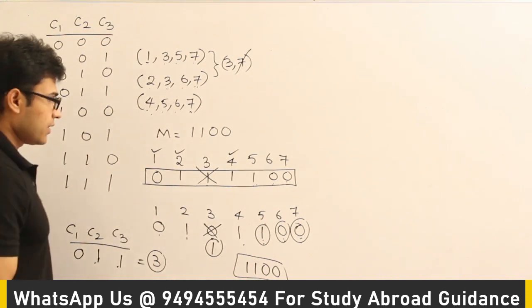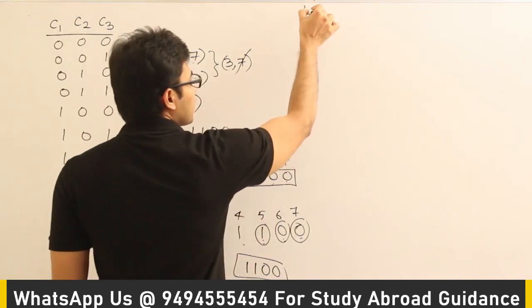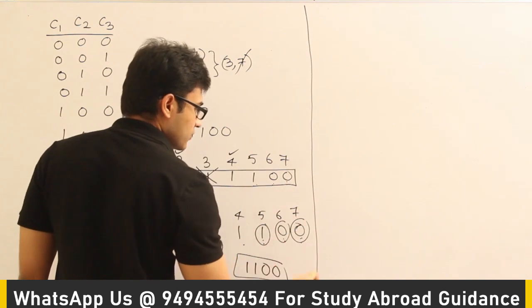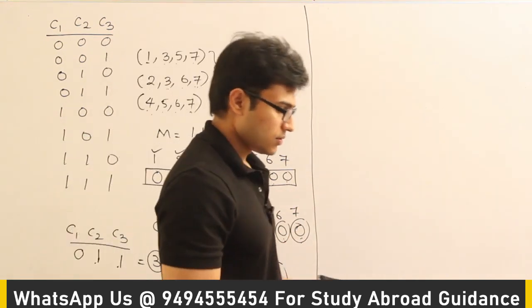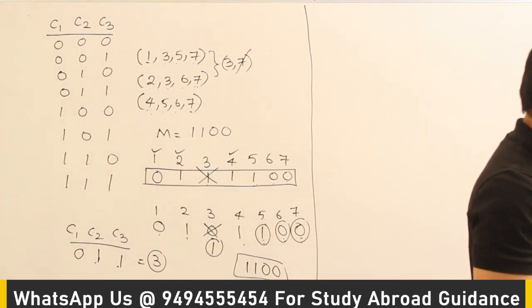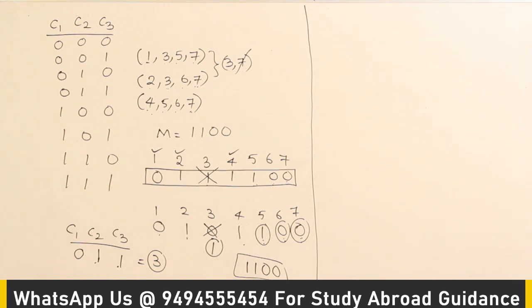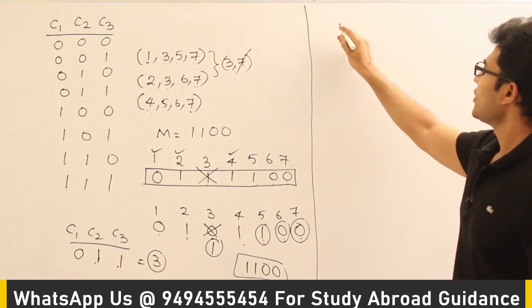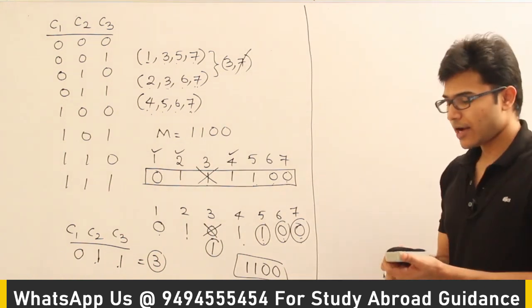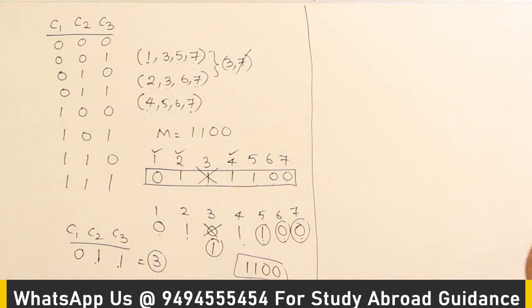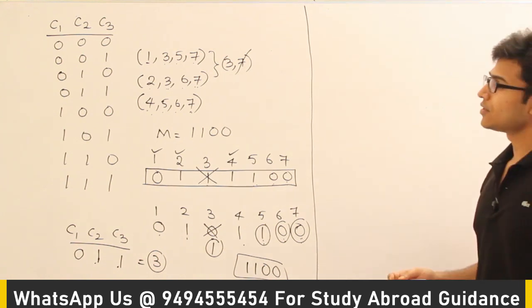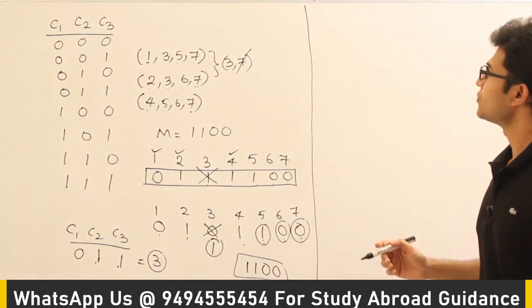Now I think you understood this. So let us say instead of sending 4 bits, what if we have to send 5 bits? If the data size is 5 instead of 4, how many parity bits should we add in the beginning?